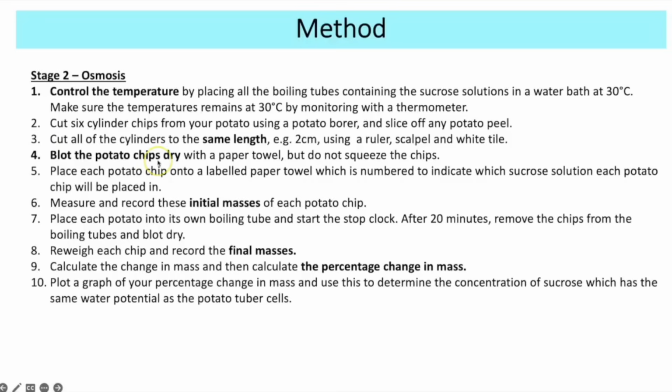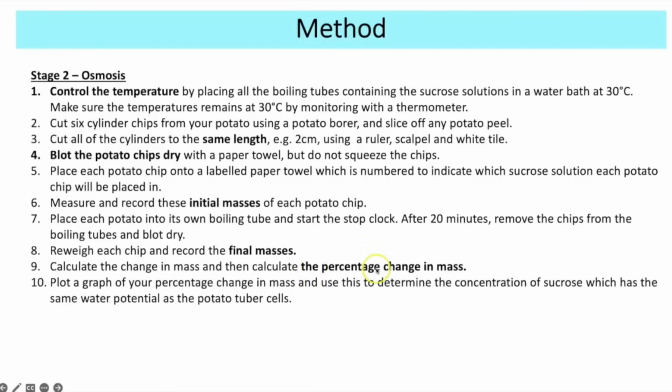I've put in bold blot the potato chips dry at the start, and that is so that any water on the outside of the potato and therefore outside of the cells is absorbed and it won't then affect the initial mass. You then have to record the initial mass, and at the end we'll record the final mass, and that is so we can work out what was the mass change, because any change in mass is due to either gaining or losing water by osmosis.